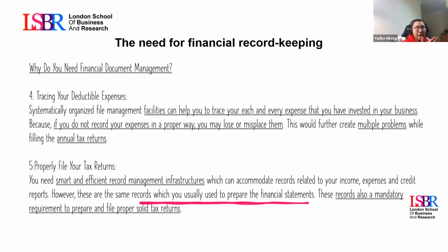So if we maintain a very organized and very clear record, we can prove to the authority that we are making the expenses deductible according to the regulation. It could avoid multiple problems when we receive that money back.